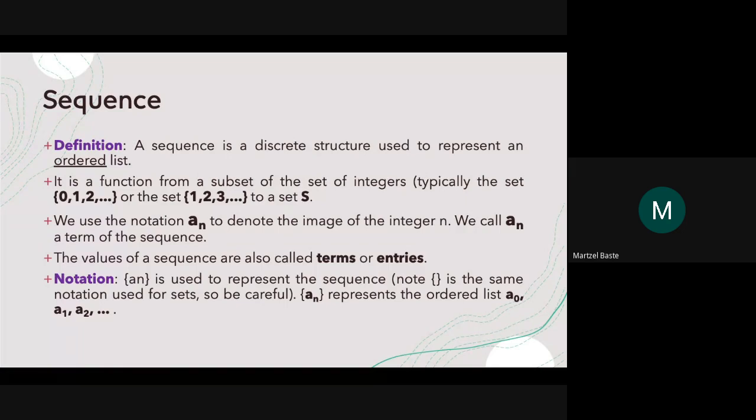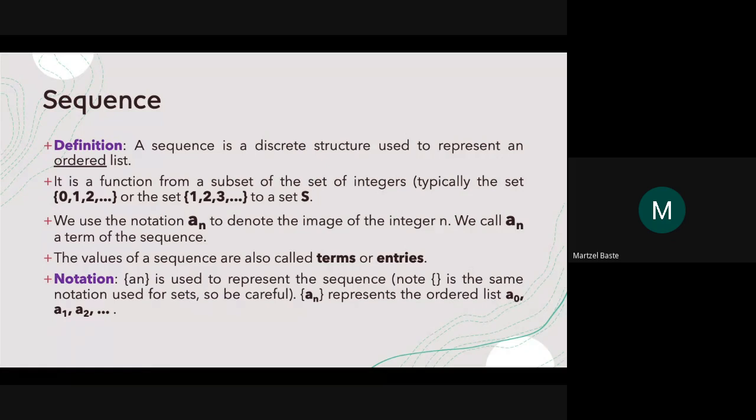Another definition: a sequence is a function from a subset of the set of integers, like 0, 1, 2, and so on, or any integer values, represented by the symbol S. We use the notation A to represent the integer value or the elements, or shall we say the key elements in that particular sequence.